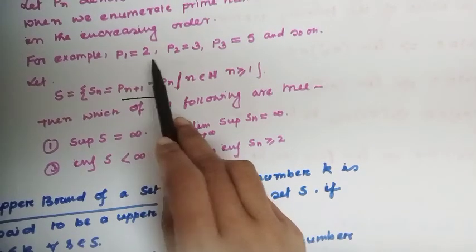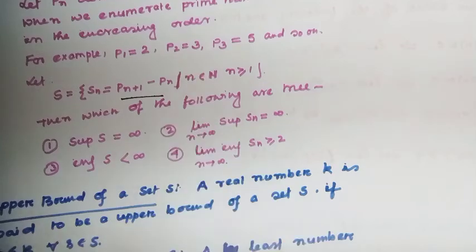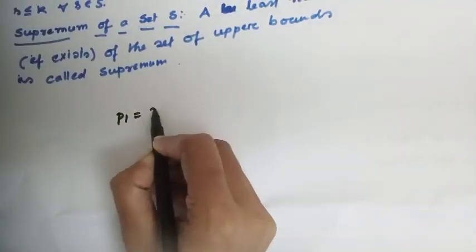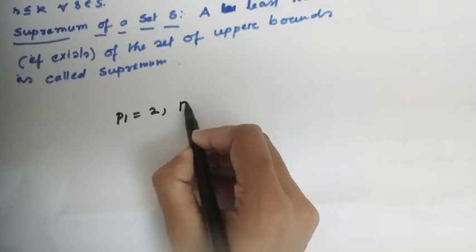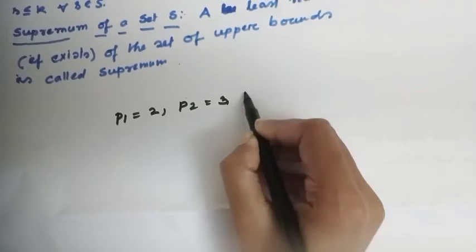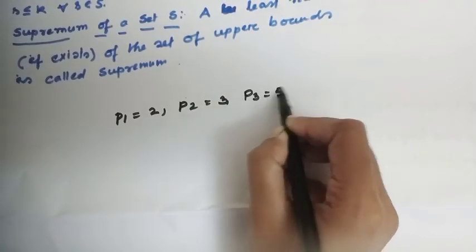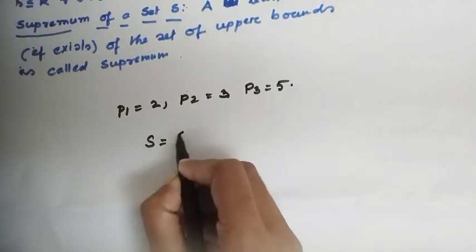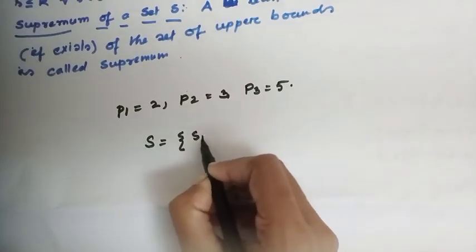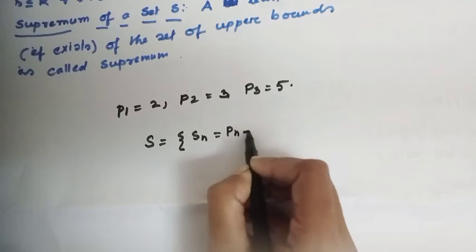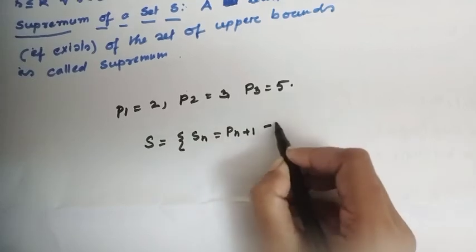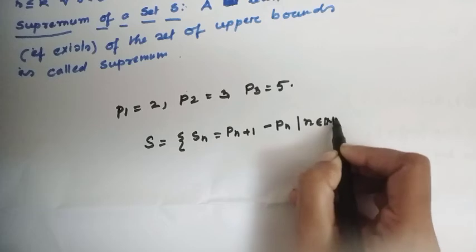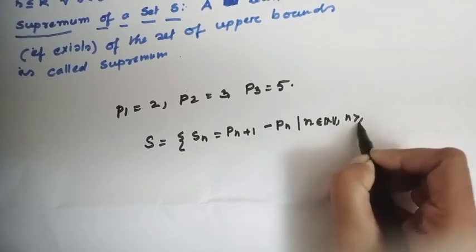Given p1 equal to 2, p2 equal to 3, p3 equal to 5, and S_n equal to p_(n+1) minus p_n, where n belongs to natural numbers and n greater than or equal to 1.